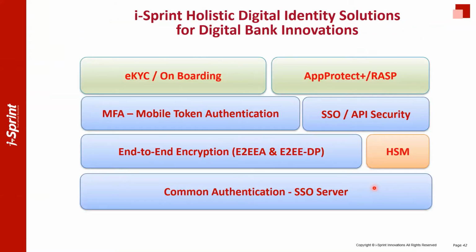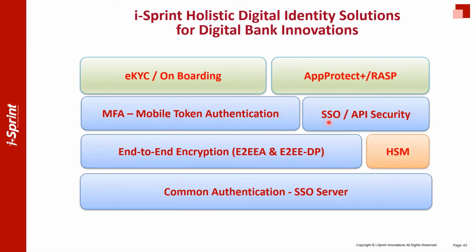So this is the overview of the solutions that we offer. We have gone through the mobile token authenticator for different authentication mechanisms. SSO we will not be focusing on, but it comes after authentication is in place.